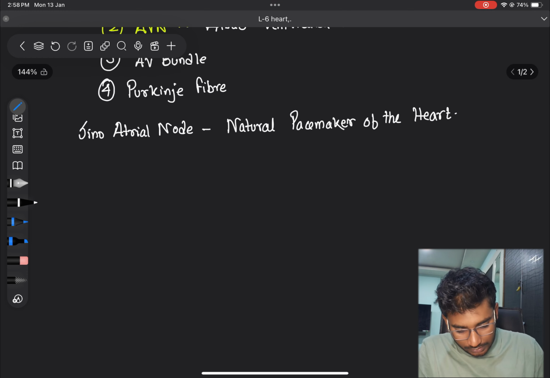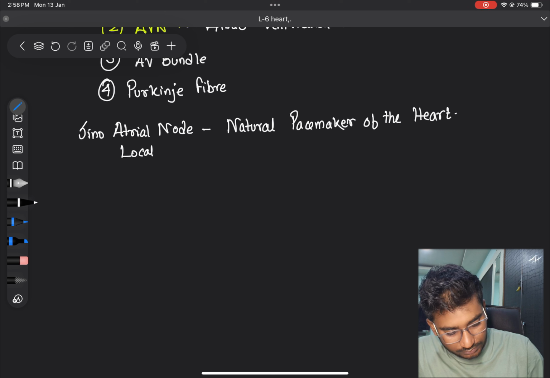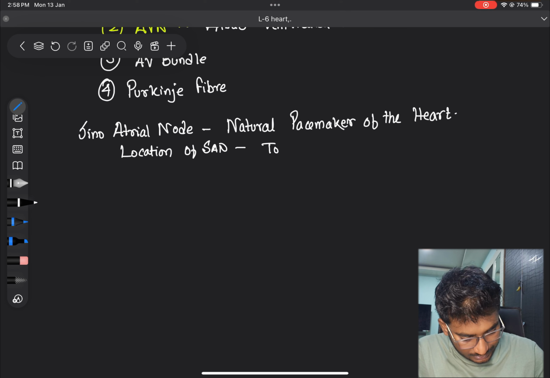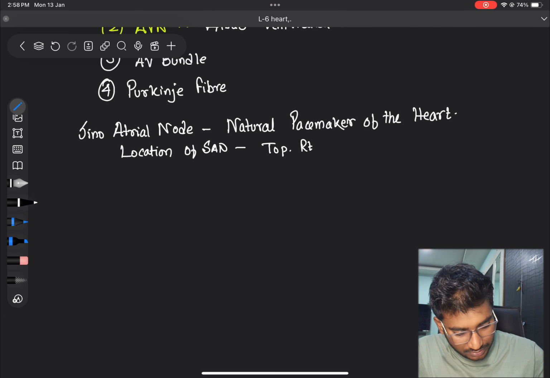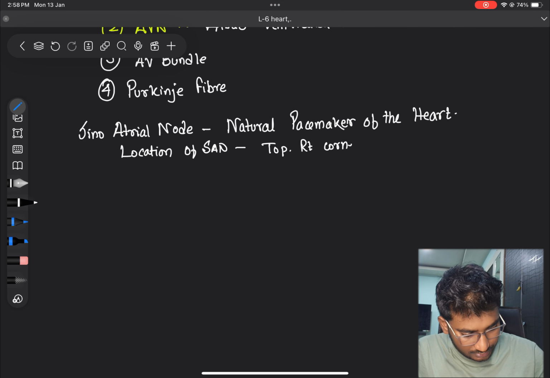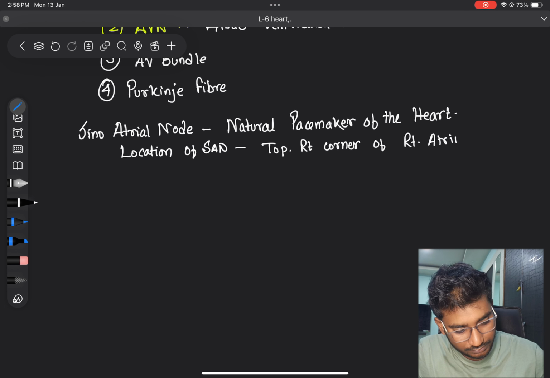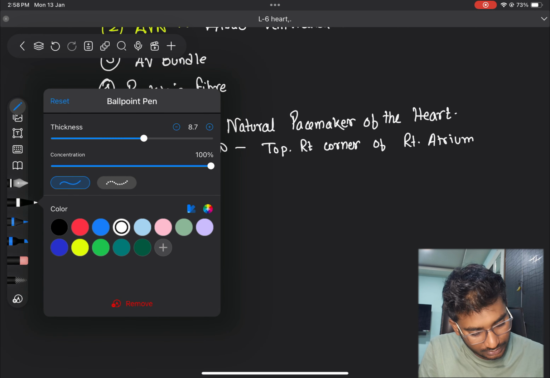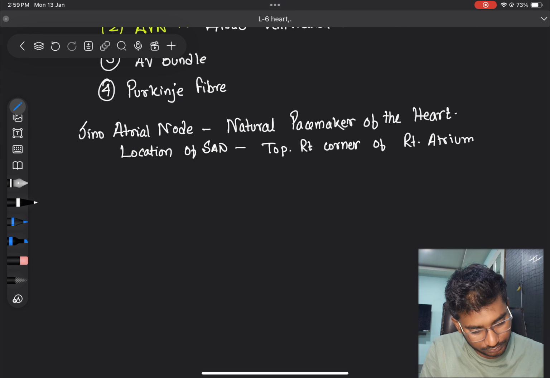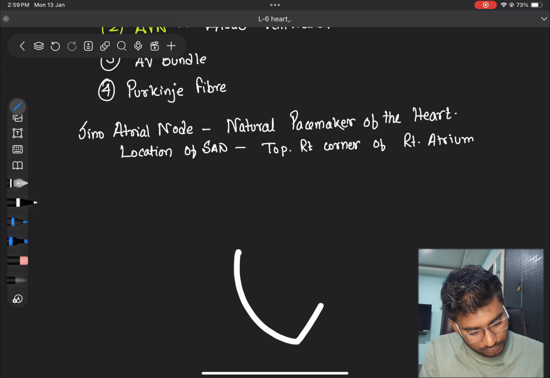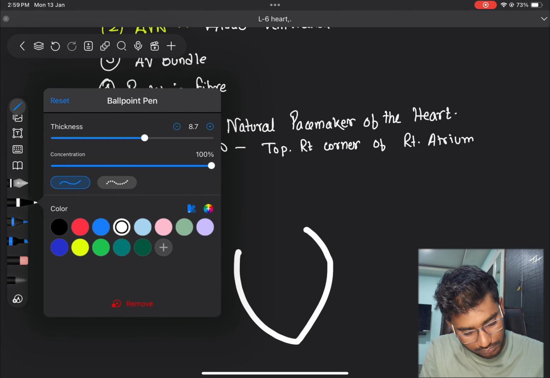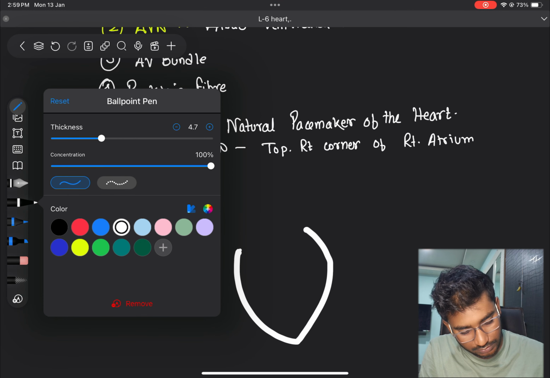Now what is the location? Location of the sinoatrial node: top right corner of the right atrium. Let this be the heart. Let me draw it once again. This is the heart.